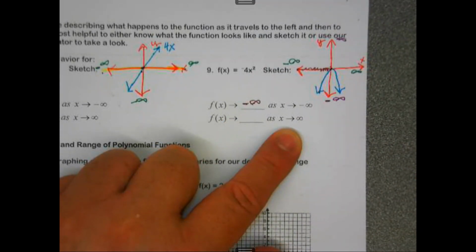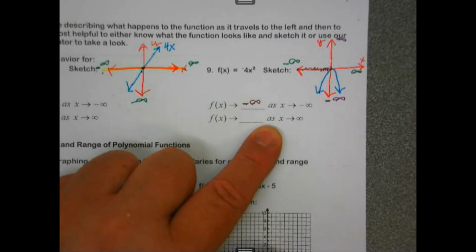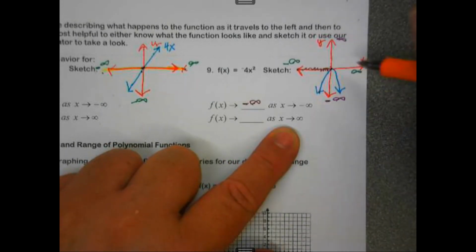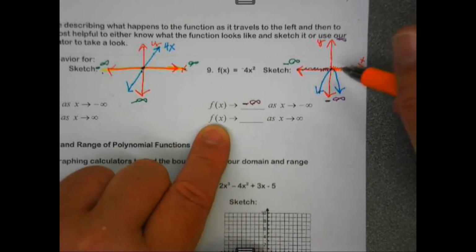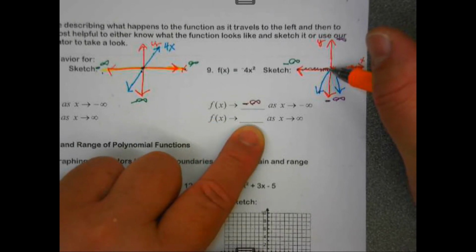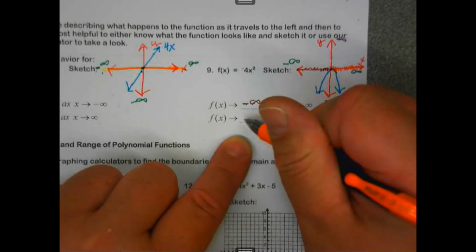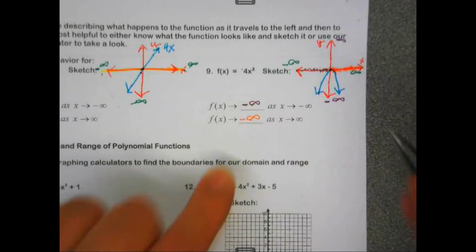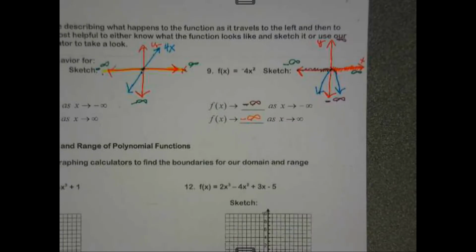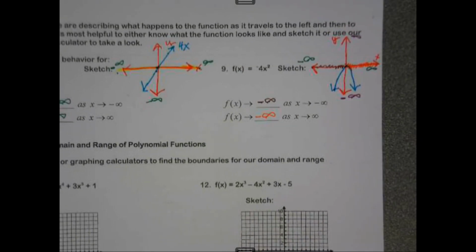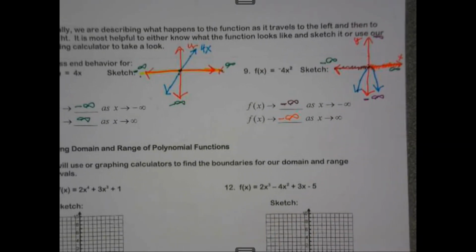This one, as my x approaches positive infinity, what happens to my y value of the graph? Well, goes towards negative infinity. So that's end behavior.